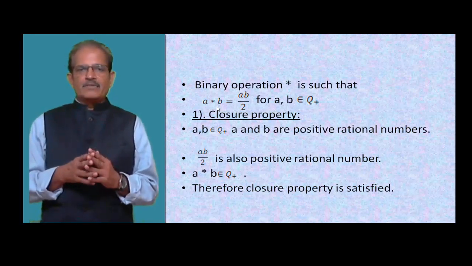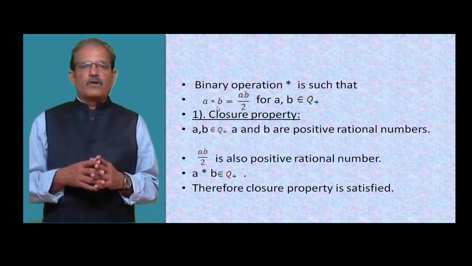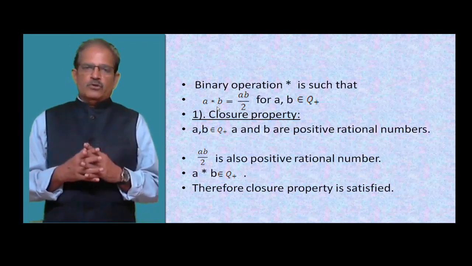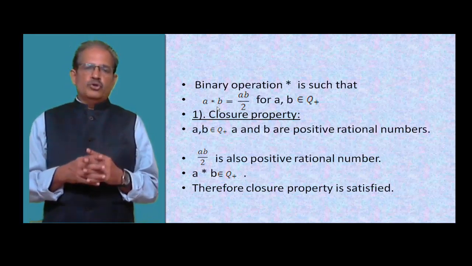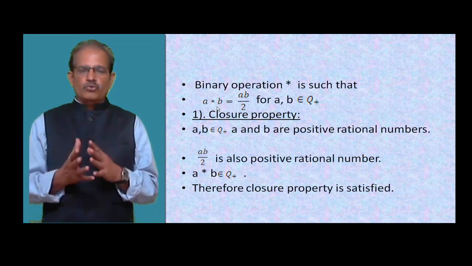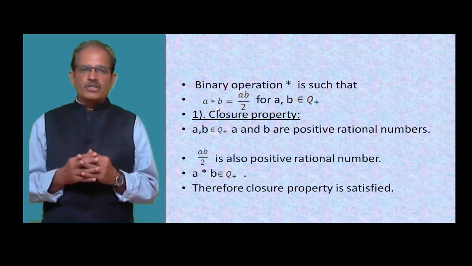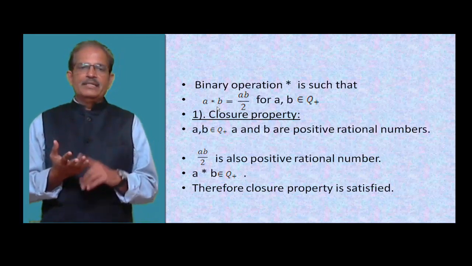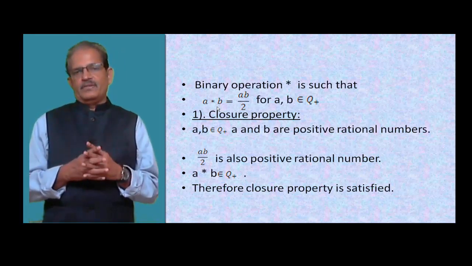A star B is equal to AB by 2 for all A and B belonging to Q plus. So to show a given set forms a group with a defined binary operation, you know that we have to verify several properties.